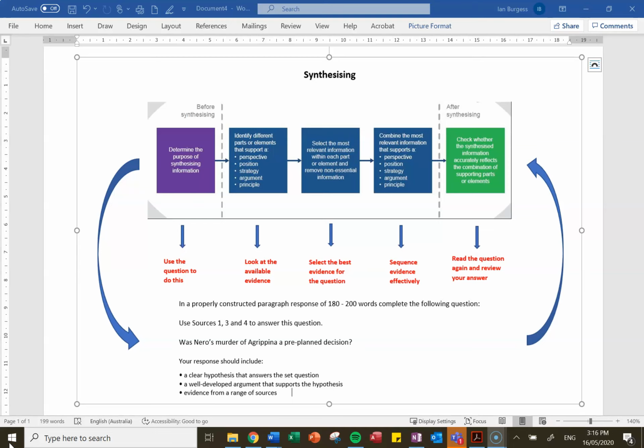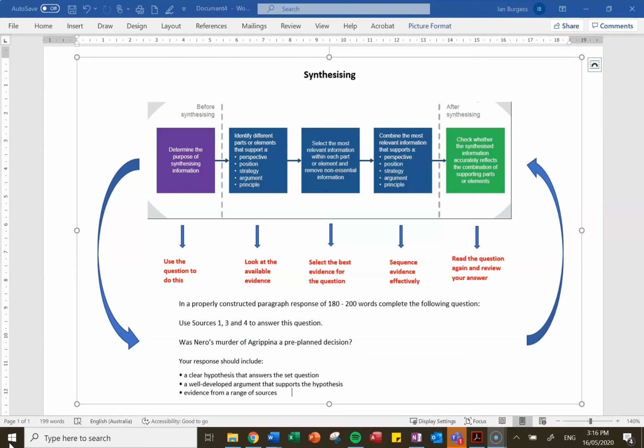So in this response, we've got a directive on our word length. We've got a directive on the sources that we should be using in that question. So we need to use all three of those sources and no others. And then we have the question itself.